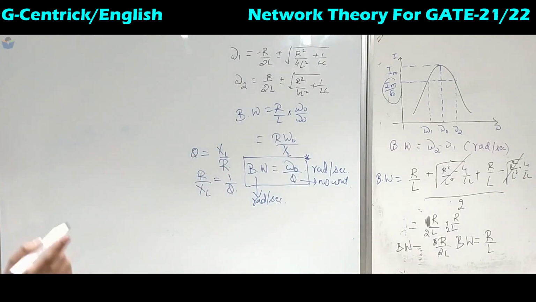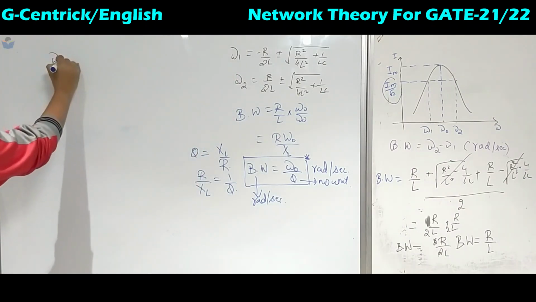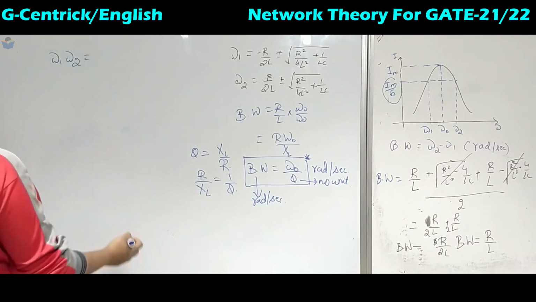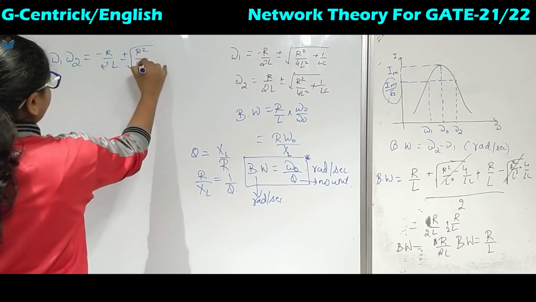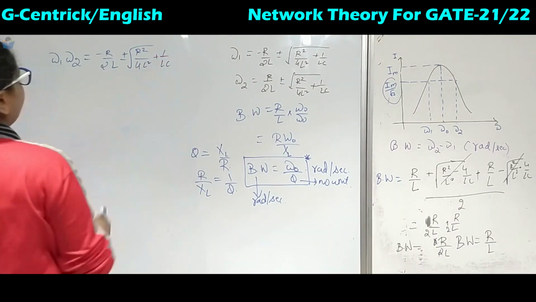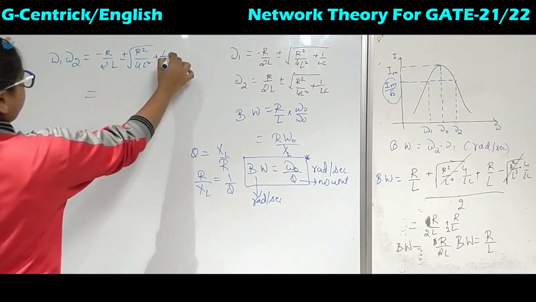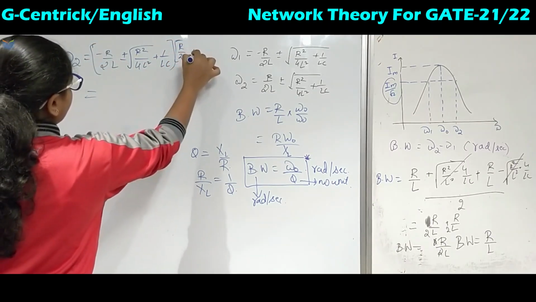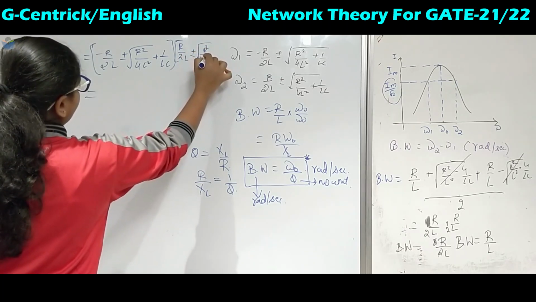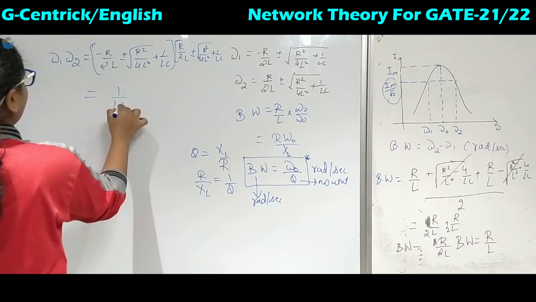Now what will happen if we multiply omega 1 and omega 2? Omega 1 is minus R upon 2L plus root of R square by 4L square plus 1 by LC, and omega 2 is R by 2L plus root of R square by 4L square plus 1 by LC.